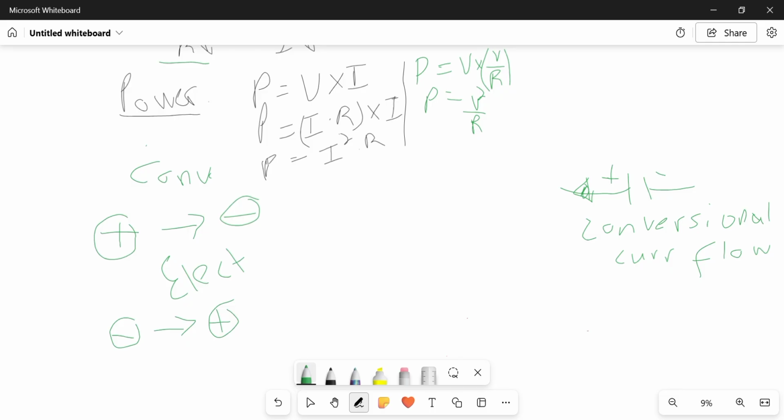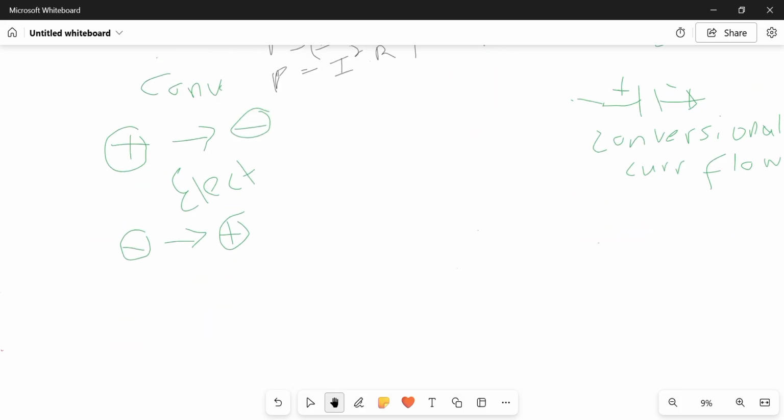And from negative to positive, it's not fair just to show one. So from the negative terminal to the positive terminal, that's the electron flow. So you must be careful when they ask you a question about the current flow.